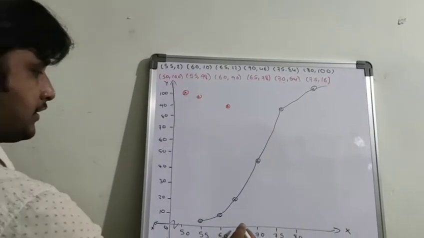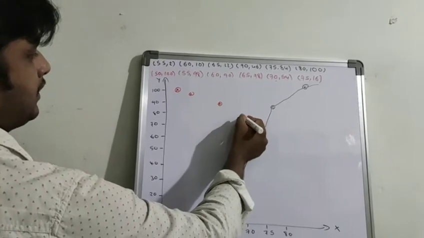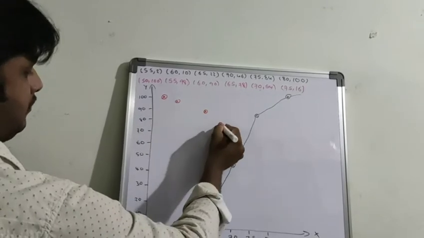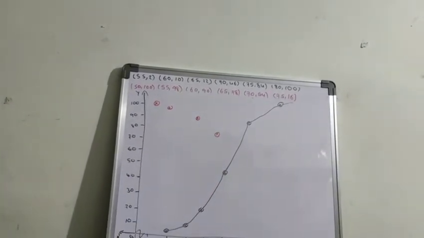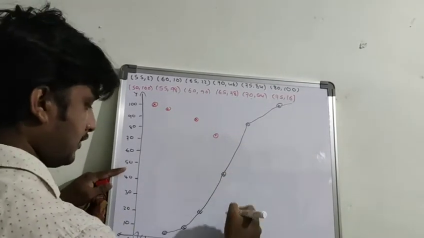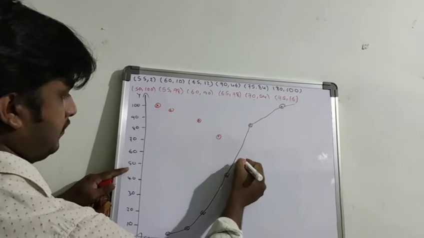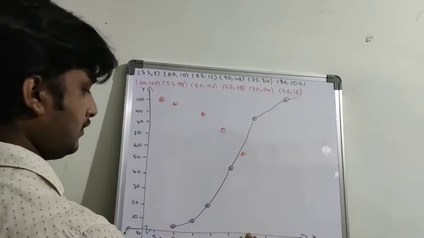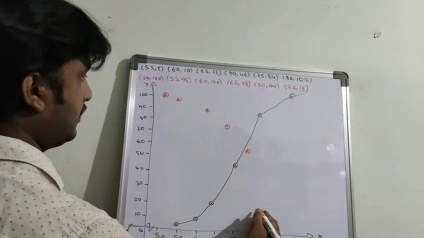Next 65, 78, 65 here, after 78, 2 lines below the 80. Next one 70 comma 54, 70 here, after 54, small lines. Next 75 comma 16, 75 here and 16 after 10, 6 lines. So join.